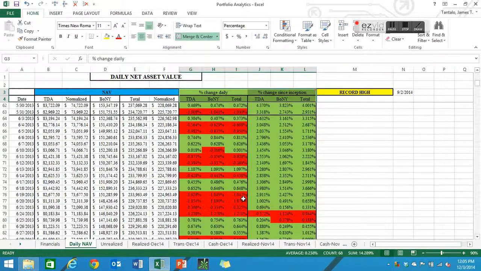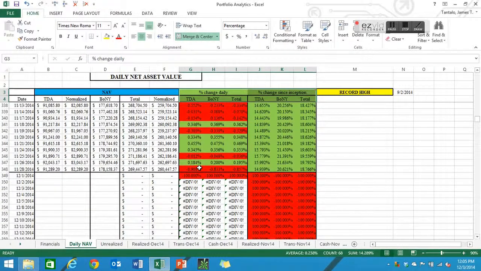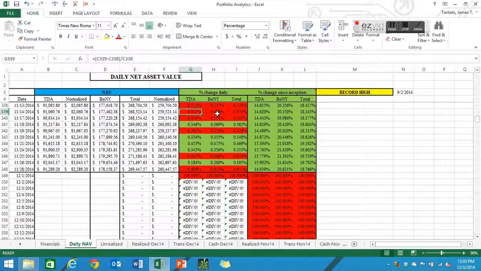Over here in these columns, I go all the way back down again. We're looking at the percent change. So from the 26th to the 28th, because Thanksgiving was the 27th and the market isn't open then, how much did our portfolio lose or gain in value? So that's these 3 tabs, and it's broken down by, again, our TD Ameritrade account and our Bank of New York account, and again we have an aggregate total between the two.